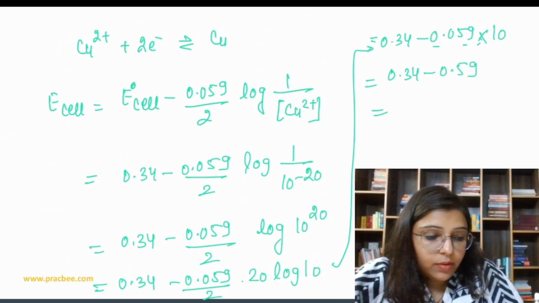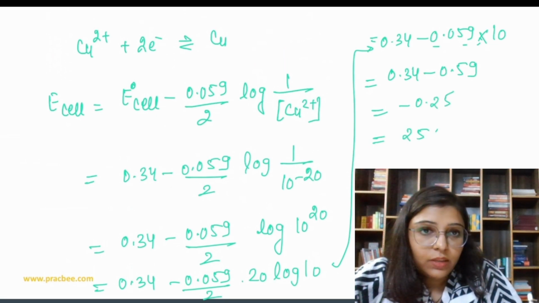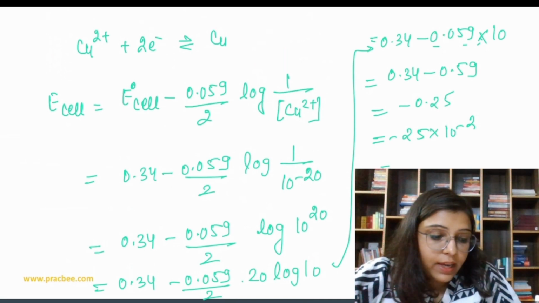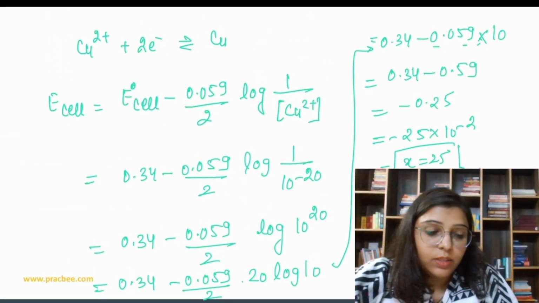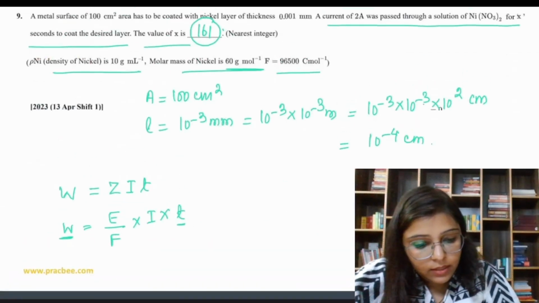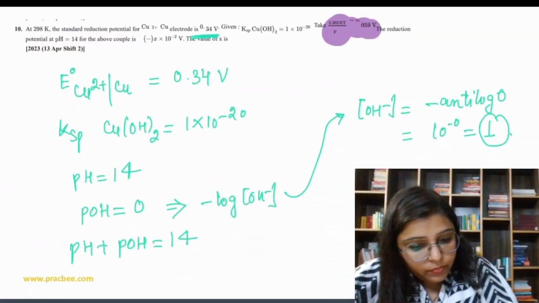So we get minus 0.25, which we can write as 25 into 10 to the power minus 2. So the value of x is equal to 25. So the answer is 25 for this question. The value of x is 25.